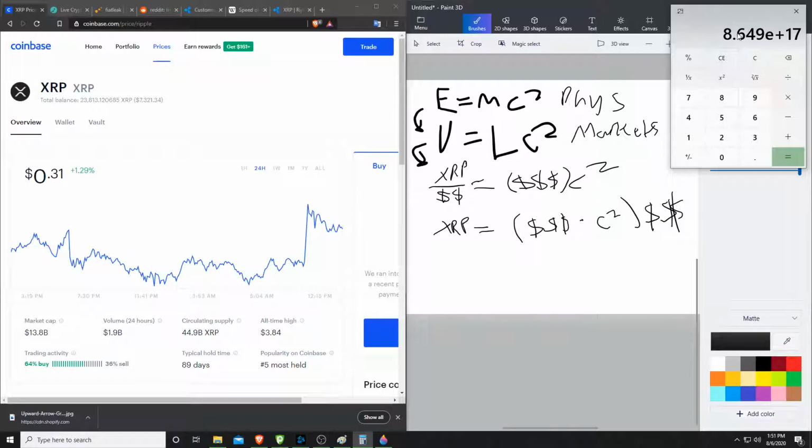So now that we have gone through this mathematical analysis of what our XRP over dollars will soon be worth, $10, we can now create a function of our XRP into what it is actually worth, right?